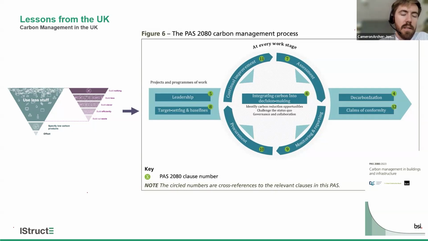And the smaller this loop is around the people that actually have control on the material sizes and specification, the better. So I think that approach aligns really well with the iStructD's general philosophy that the structural engineer should be taking a leading role in doing the assessment and managing carbon on projects, because we have quite a unique oversight of material use, construction effort, as well as making sure we're still meeting the desired outcome.